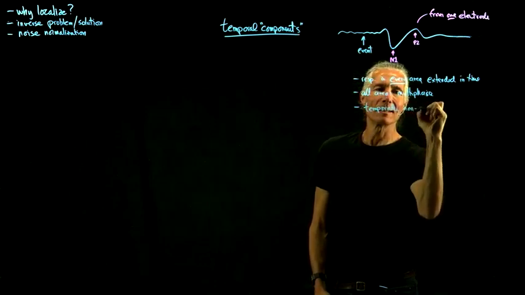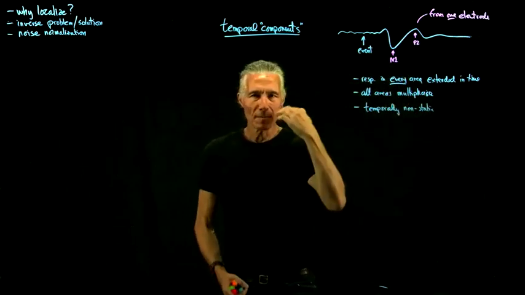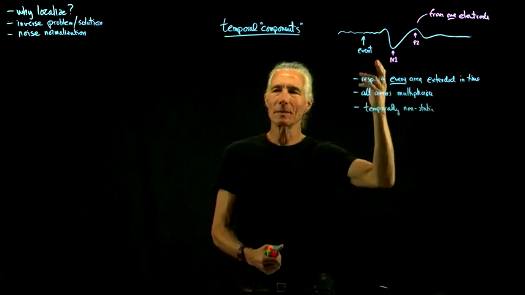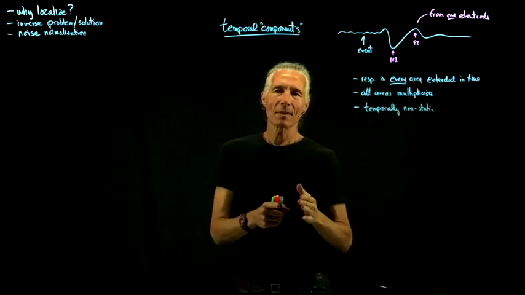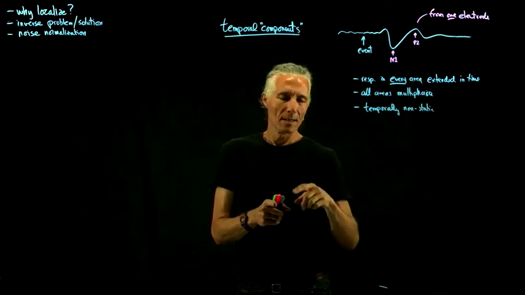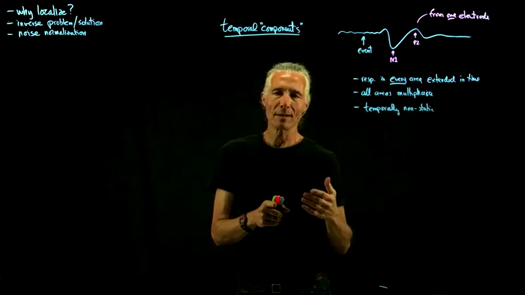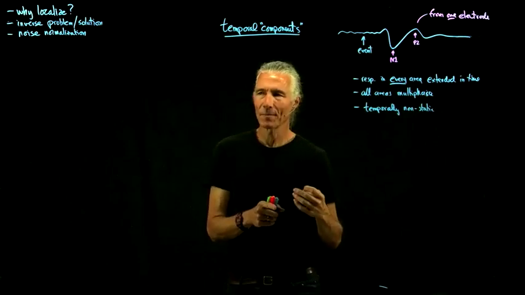And what does this mean? Just take the retina, for instance. If I just change the brightness of a stimulus and do an evoked potential, I can vary the temporal structure by like 50 milliseconds easily if I just change the brightness or the contrast of a stimulus.